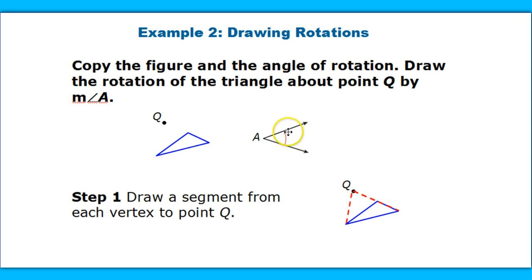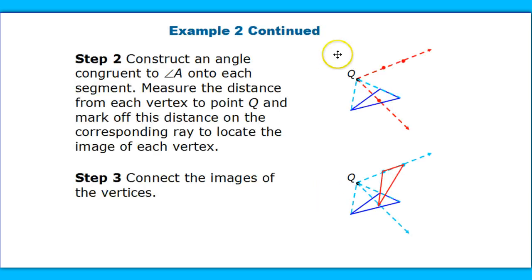Okay, and now we're going to use this angle, angle A, which appears to be approximately a 30-degree angle. We're going to lay one of these rays down. Let's lay this ray down on Q to this vertex, and then locate this angle and draw in a second ray, which is exactly what is done here.